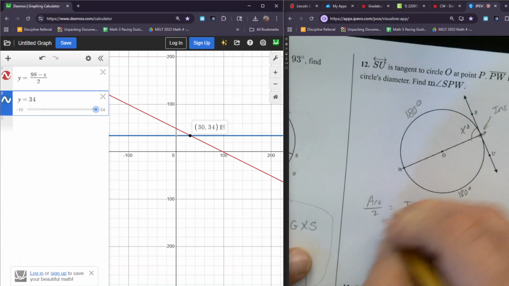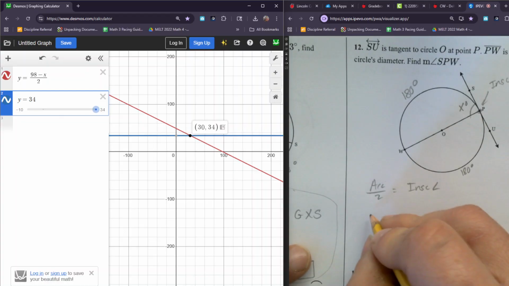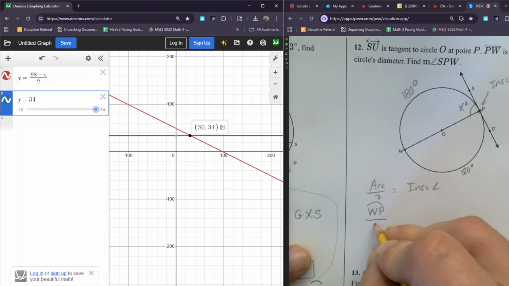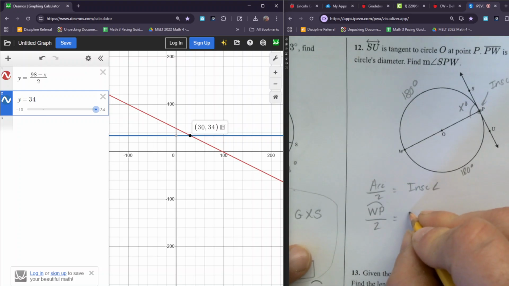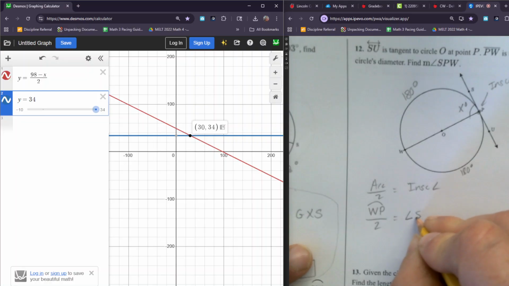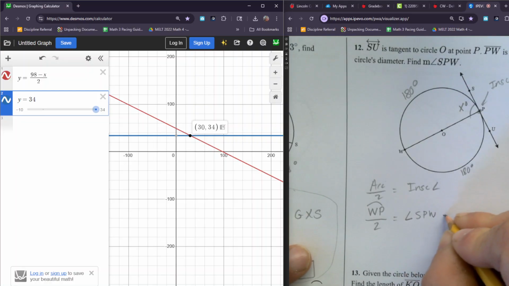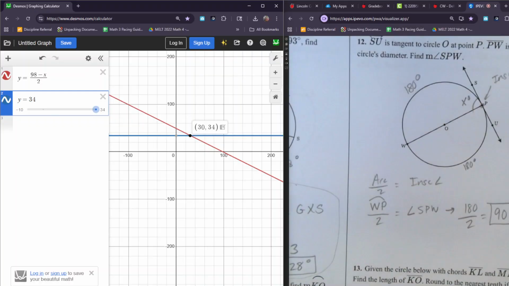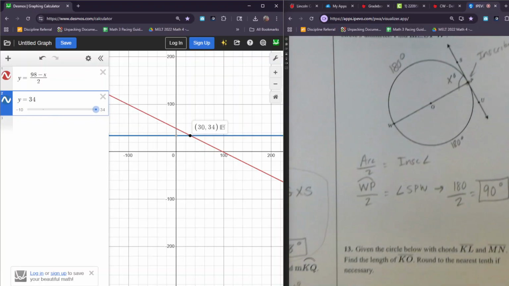Arc WP divided by 2 equals angle SPW. So that would be 180 divided by 2. It's 90. Okay. So 90 degrees.